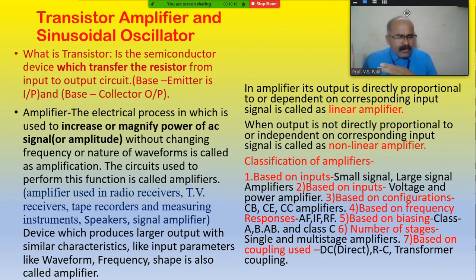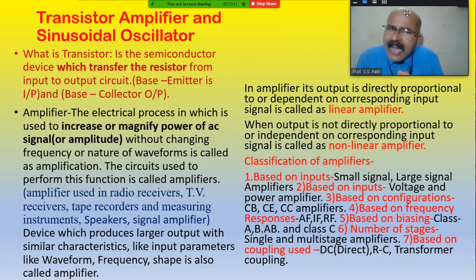Then based on the coupling, there are different types of the coupling. That is direct coupling, where the first stage is directly coupled with the second stage. Then RC coupling, meaning resistor and capacitor coupling, and transformer coupling. These are the types of transistor amplifier which are based on the type of coupling.